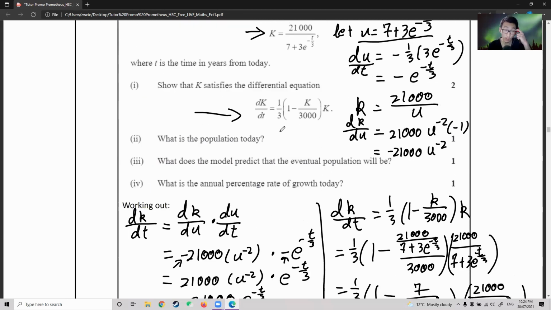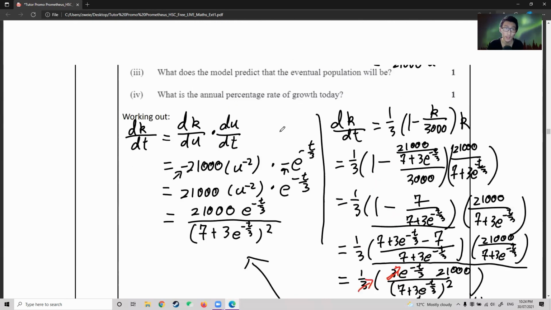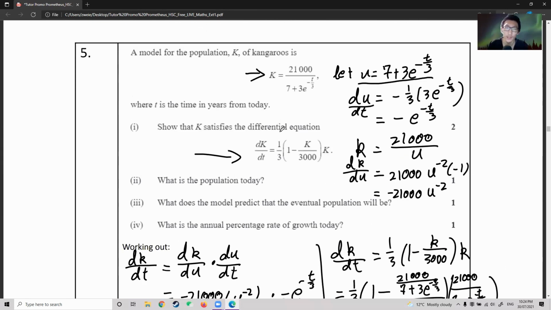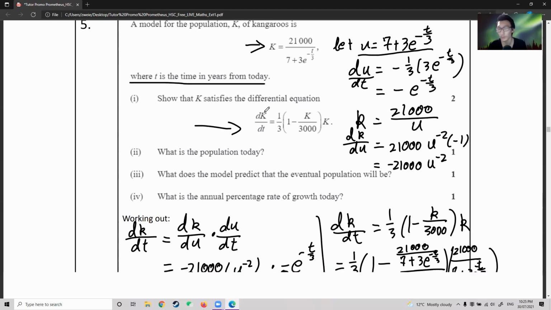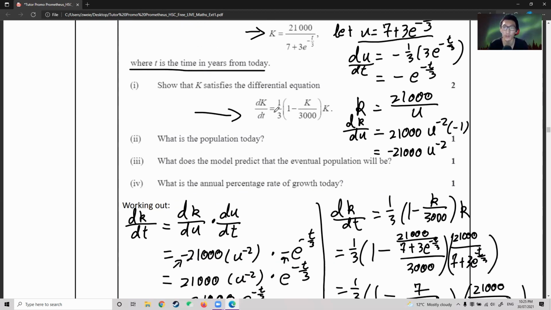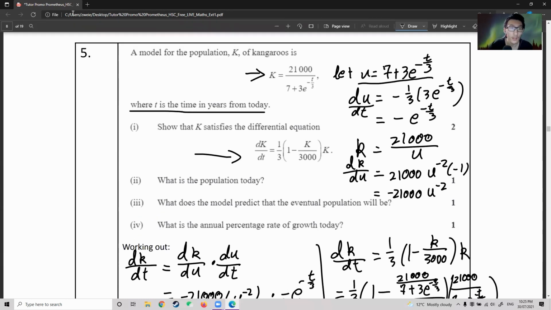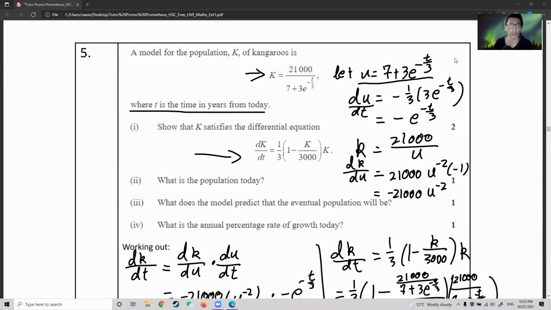Part 2, what is the population today, right? If it's asking what is the population today, we know that it says where t is in years from today. So actually today will be t equals 0. I'm running a bit out of space, so I'll do it here.